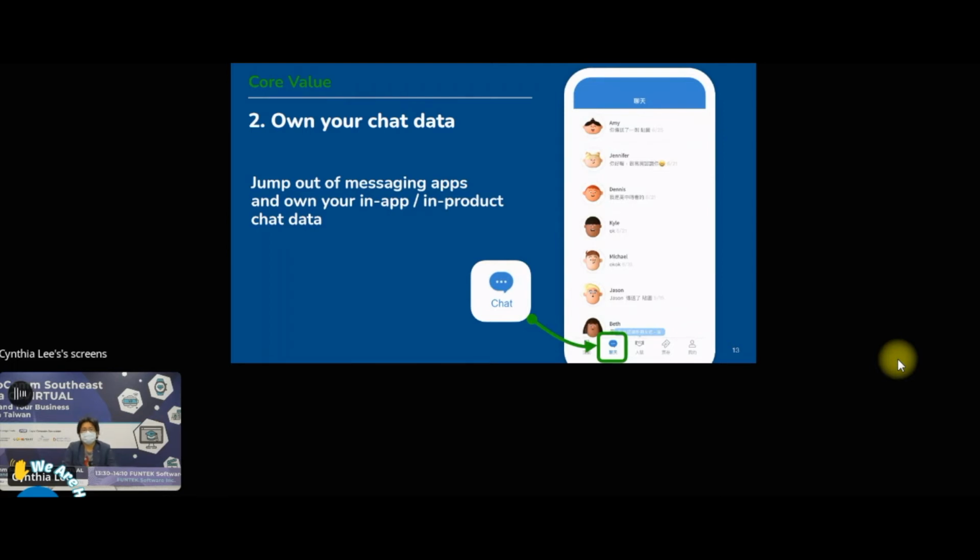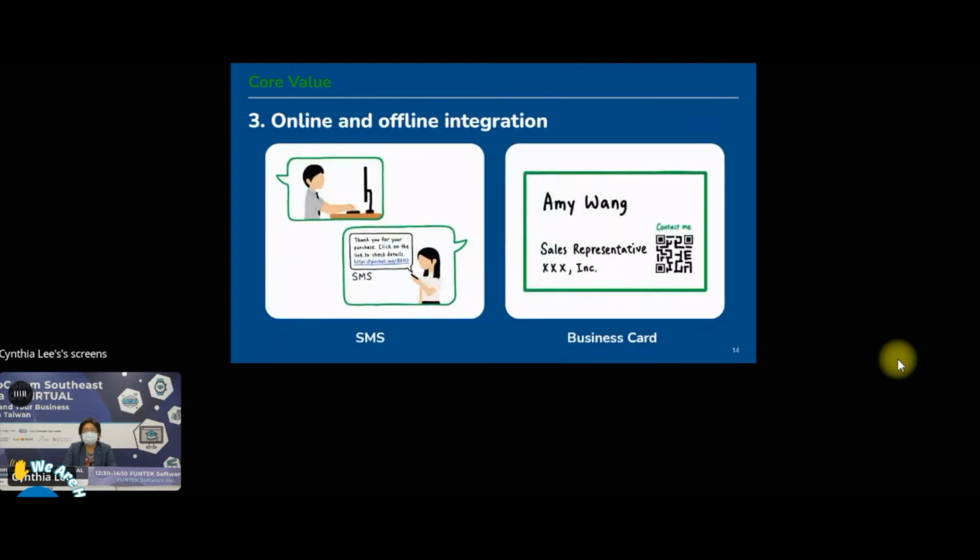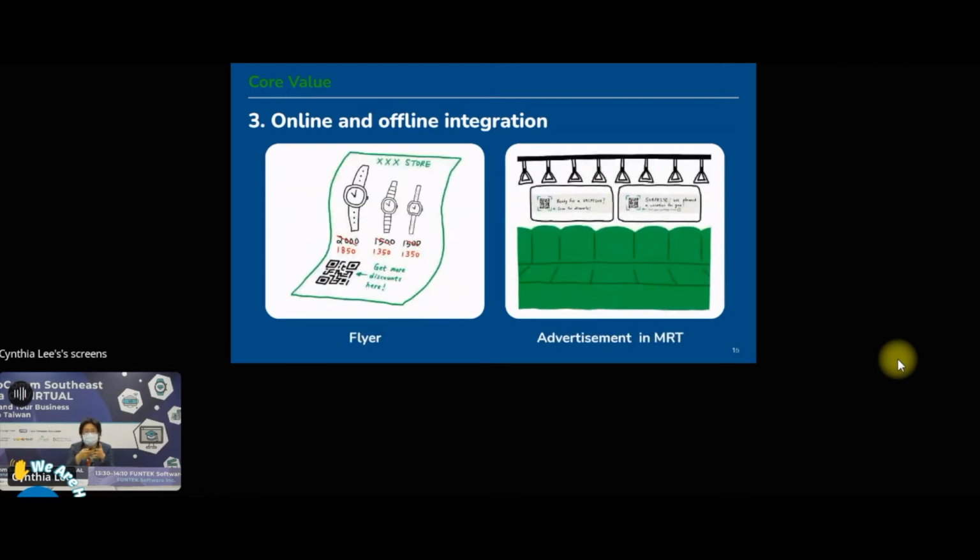Second, you can own your chat data: jump out of messaging apps and own your whole chat data. And you can easily integrate online and offline. You can put the chat URL in SMS, on a business card as a QR code, or on a flyer, and it can even be an advertisement URL in the MRT.